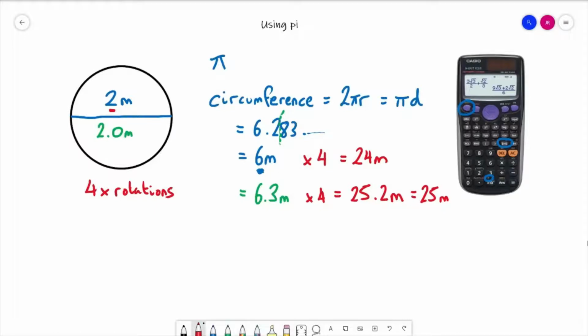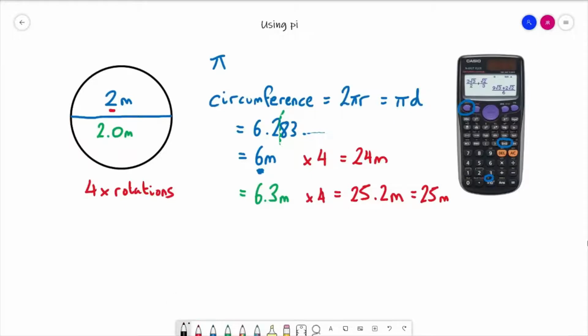Depending on how we've rounded the previous answer, we get a different final answer. If we rounded the previous answer to 1 significant figure, we get 24 meters. If we round it to 2 significant figures, we get 25 meters. So we've got a little bit of a problem here. Of course, we can rectify that by keeping the exact answer as we work through.